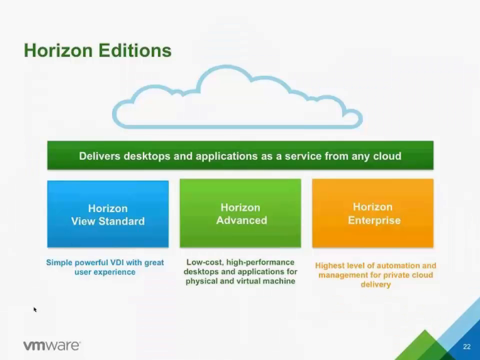Horizon 6 comes in 3 editions. The first edition of Horizon 6 is Horizon View Standard. And it can't be understated that this is an operative word. You guys need to remember that when somebody purchases Horizon View Standard, what they're really getting is Horizon View. They're not really getting a lot of the other stuff that extends beyond it.